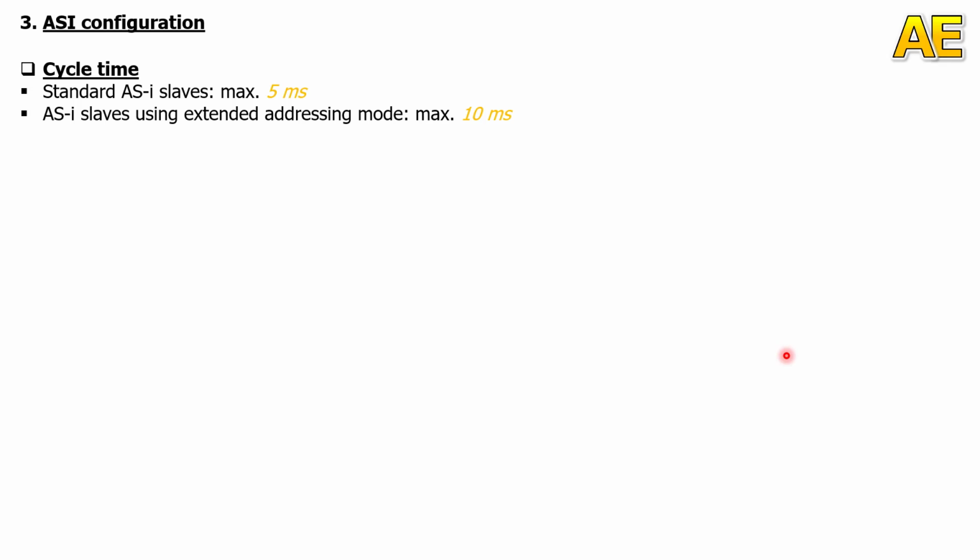The B slave can only be connected to the extended master. For time critical applications, 16-bit input and output data can be transferred in a maximum of 5 milliseconds. To achieve this, the transmission bandwidth normally used by up to 4 ASi slaves is used for one slave.